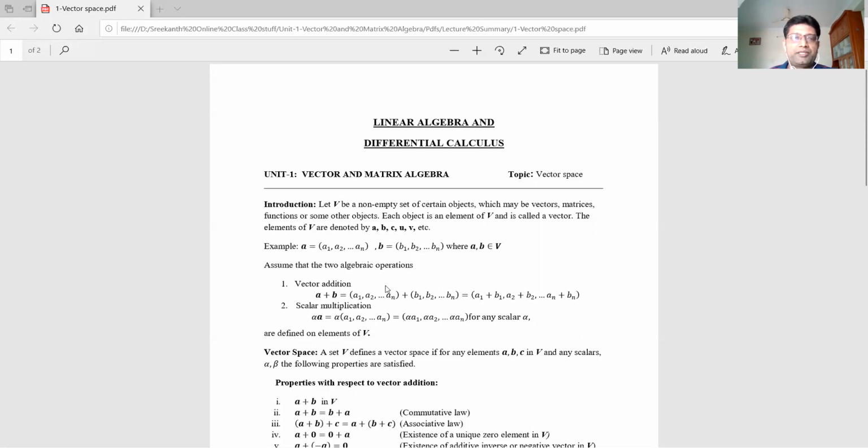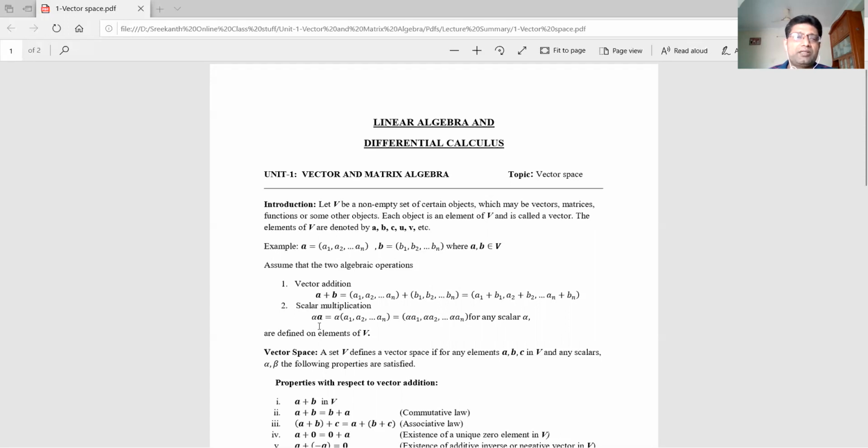First one is vector addition. That means if you take any two vectors out of this set V, then the addition is defined like this. A plus B, where A is the first vector and B is the second vector, means we add the corresponding elements: A1 plus B1, A2 plus B2, and so on, An plus Bn. Similarly, the scalar multiplication is defined like this.